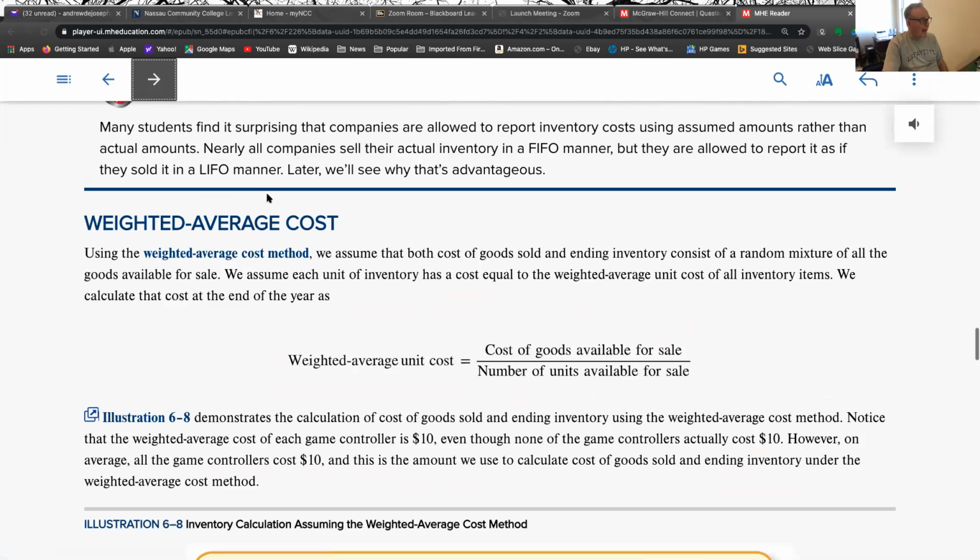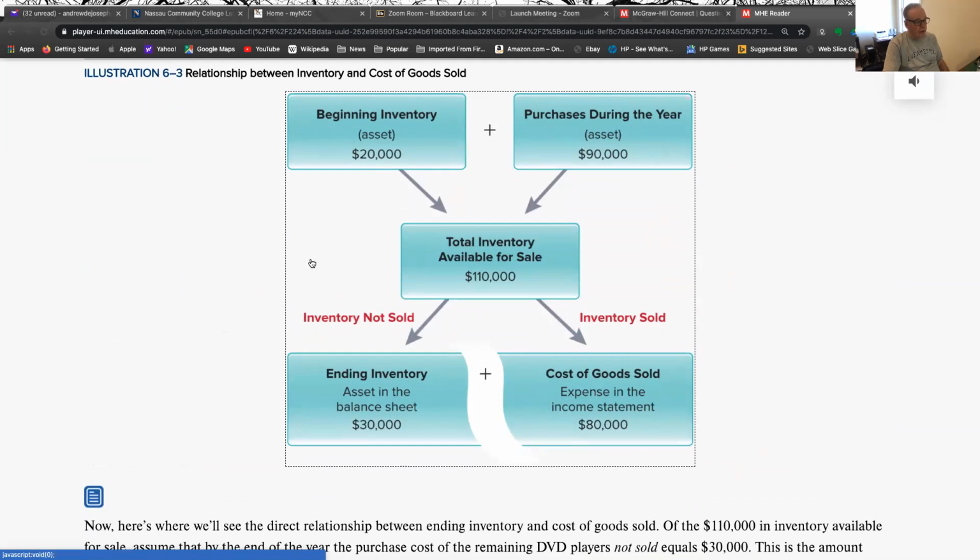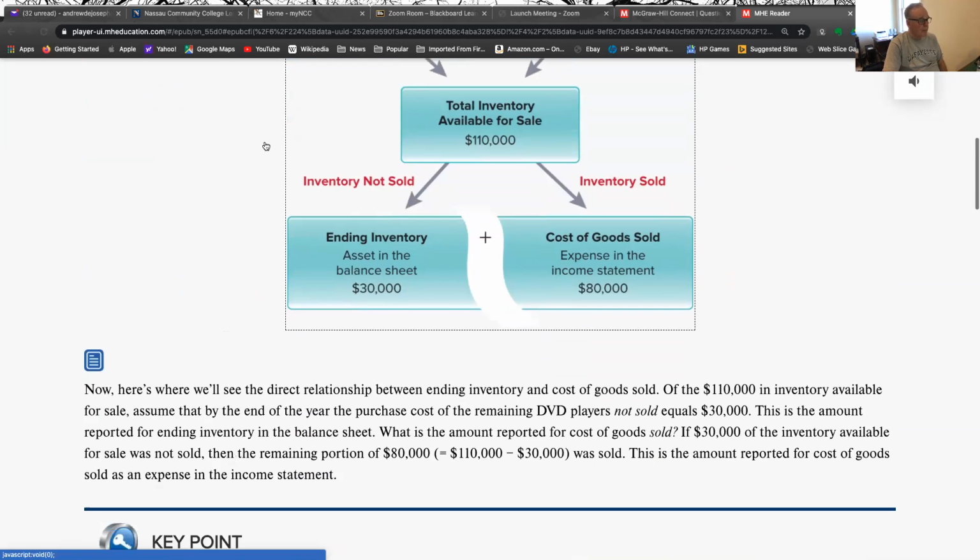And that goes back to what I showed you earlier. So this is your guide, if you want to call it that, to how you calculate cost of goods sold. It's total available minus ending inventory equals cost of goods sold, right? So just keep that in mind.